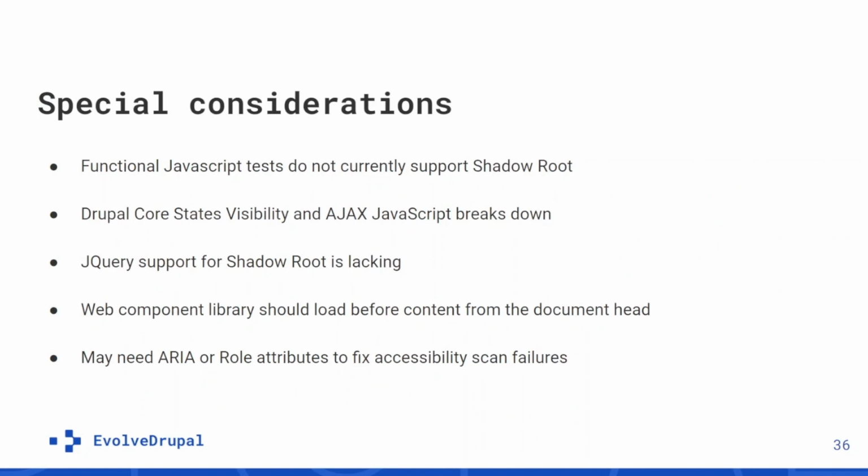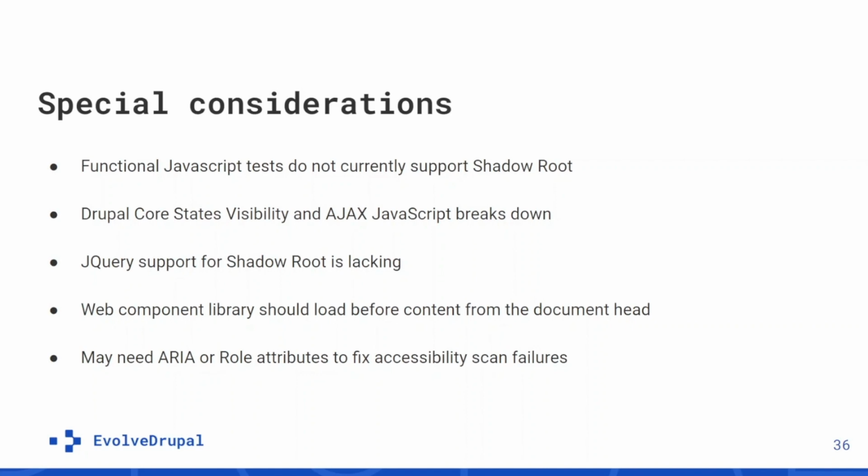The special considerations are mainly related to, the biggest one I think, is that functional JavaScript tests do not currently support shadow root at all. Shadow root is basically synonymous with shadow DOM. Let's say you have a test that expects to be able to click a link, and you replace that link with a web component.